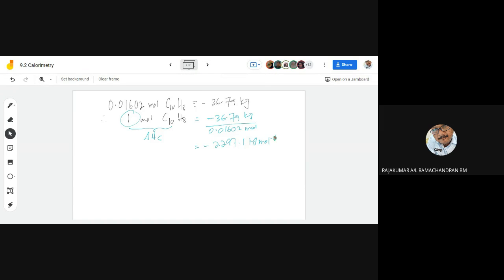Okay. So kita buat kesimpulan. Enthalpy of combustion of naphthalene, C10H8 naphthalene, equals to minus 2297.1 kilojoule per mol.